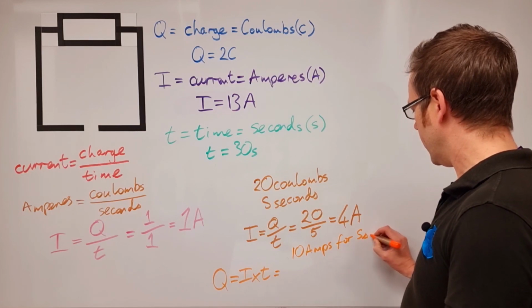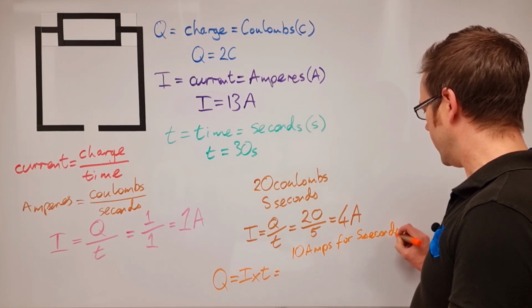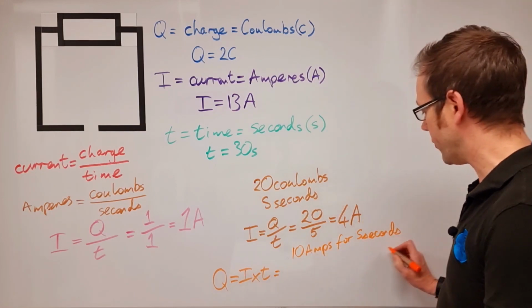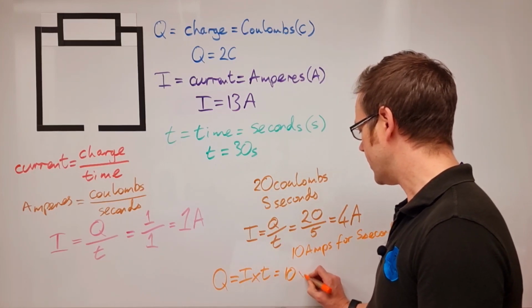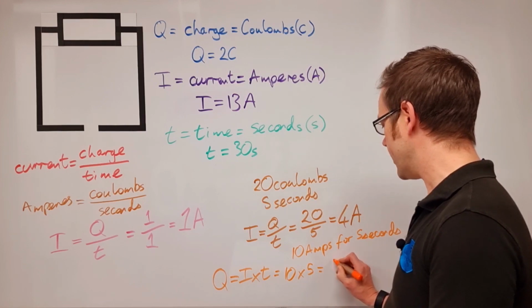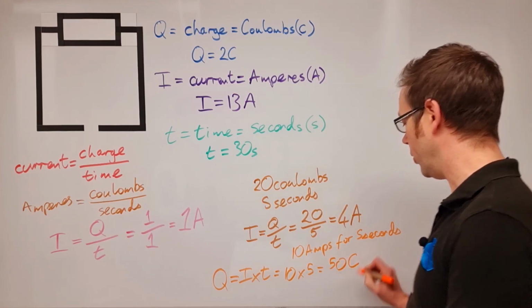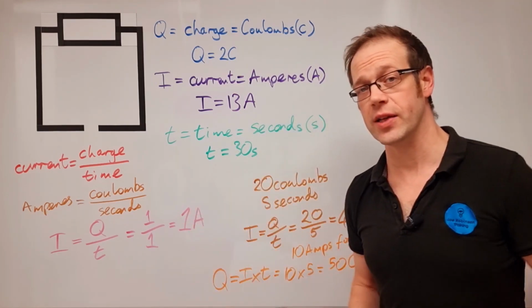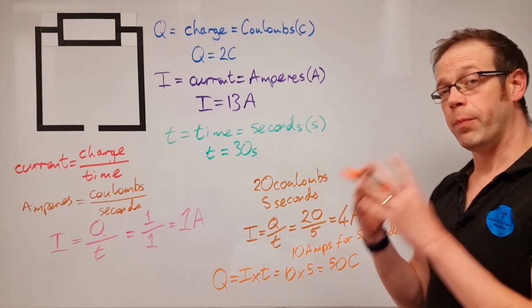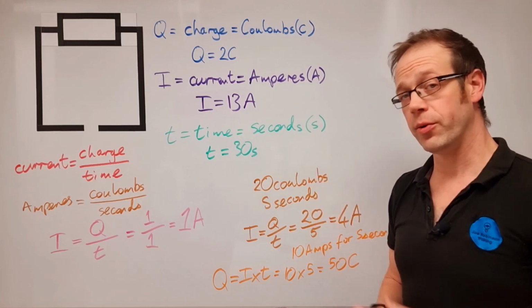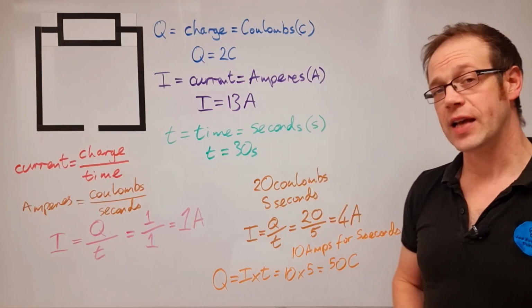That could be a realistic circuit in a property. We do 10 amps times 5 seconds, and that gives us 50 coulombs, 50 big bunches of those electrons flowing around a circuit in that 5 second period.